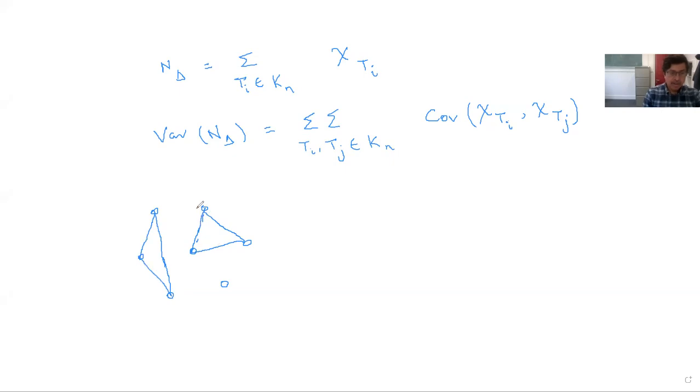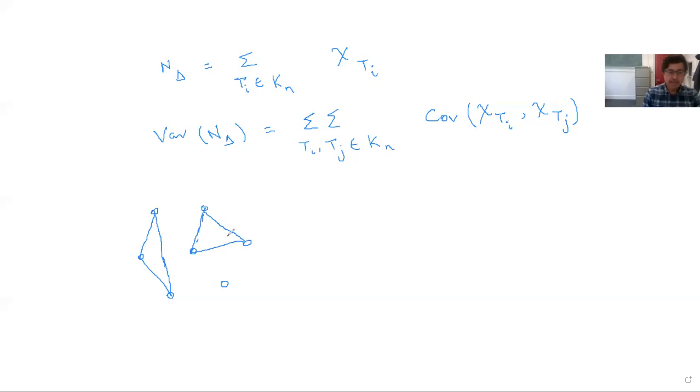Recall that in an Erdos-Renyi random graph, all edges are present or absent independent of each other. So knowing this triangle is present, and hence that these 3 edges are present, tells us nothing about whether or not these edges are present.